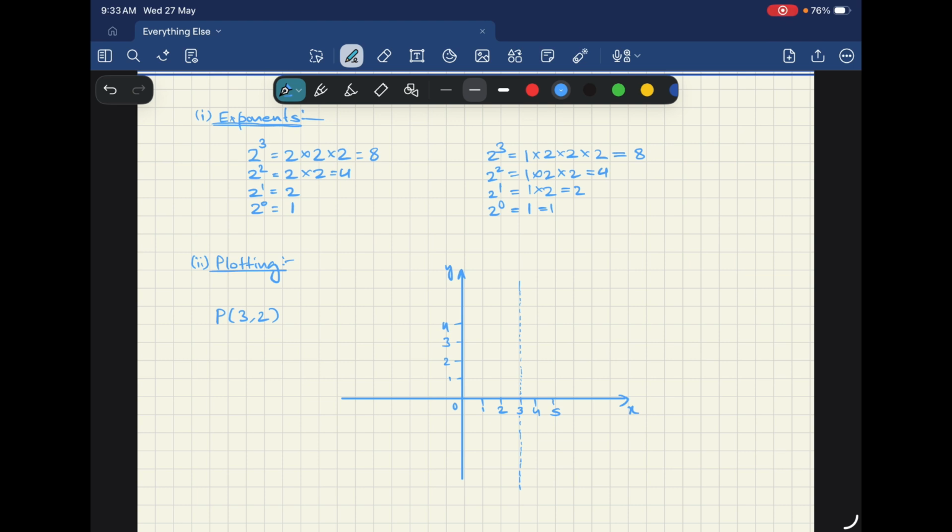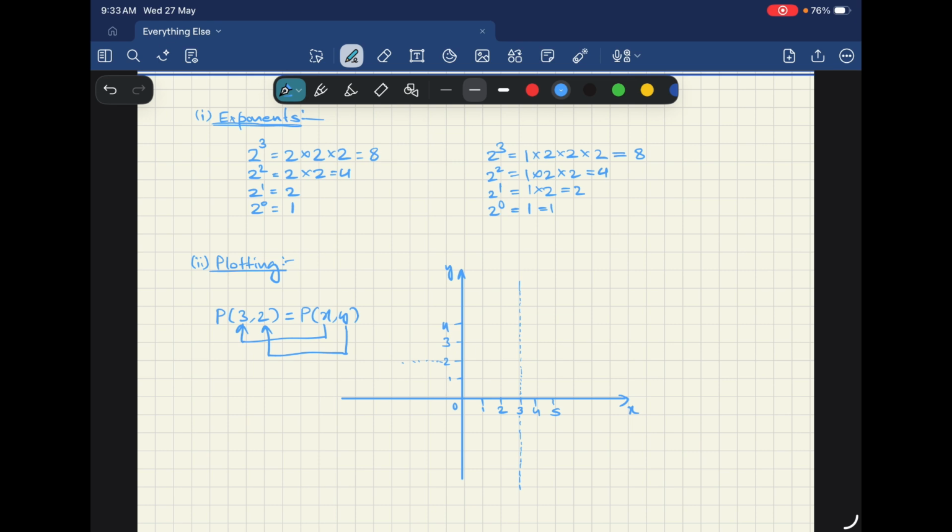Okay, I forgot to tell you that we can write this as P(x, y). That means the value of x is this and the value of y is this. You can always take it the other way around, or anything you want. If you don't want x, y, you can use a, b, or anything. That's just the convention.